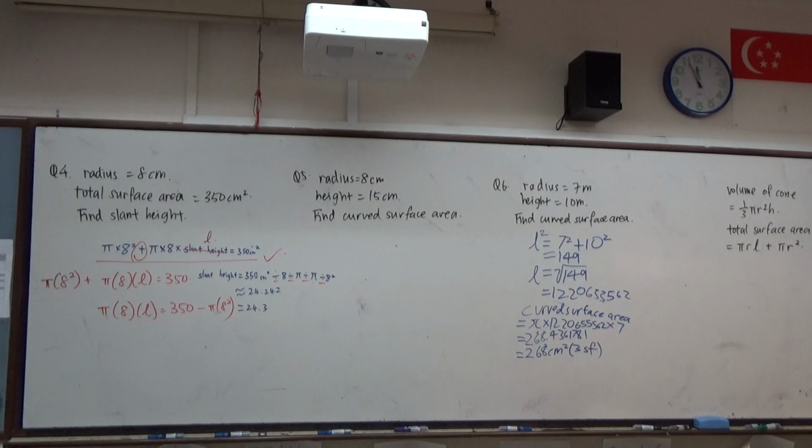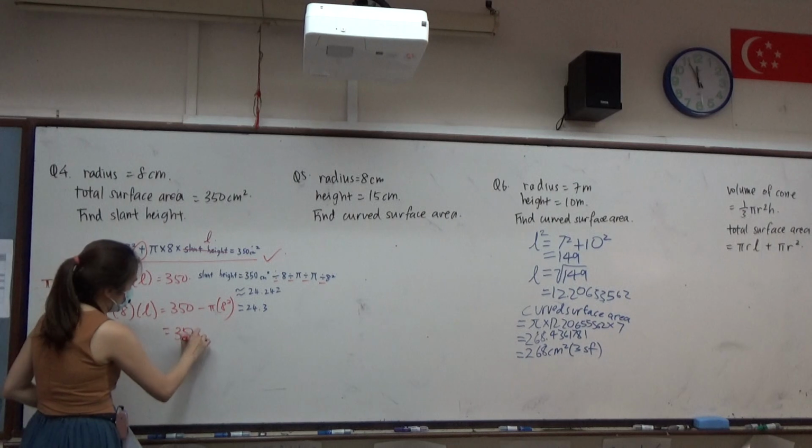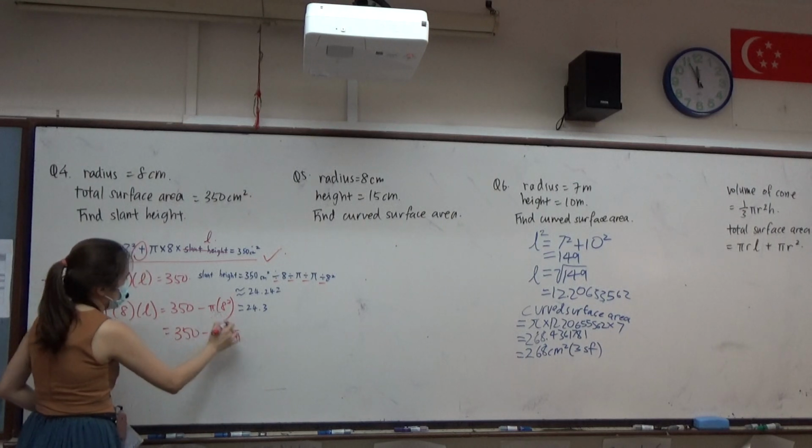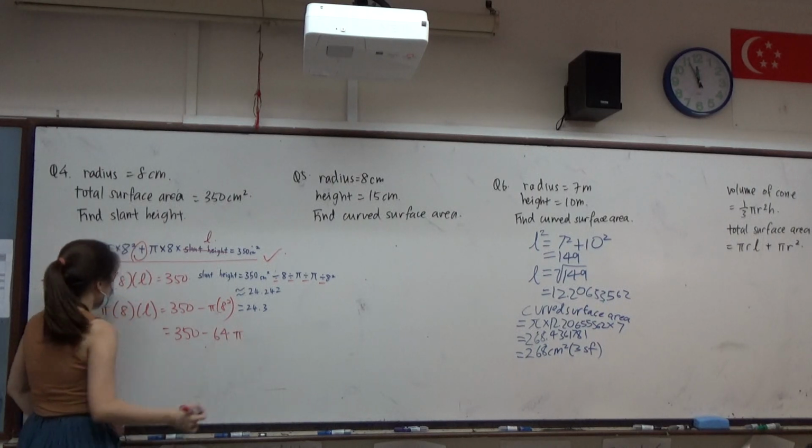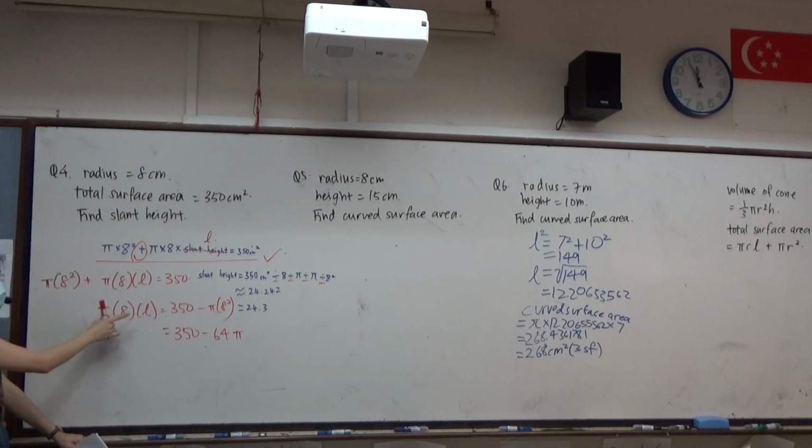You can go and calculate that first, or you can put it into exact, which is 8 squared is 64, so you can get 64 pi. Then after that, we want to find L, so we need to remove the pi and the 8. This is all times in between, so to bring it over to the right side, we need to divide.